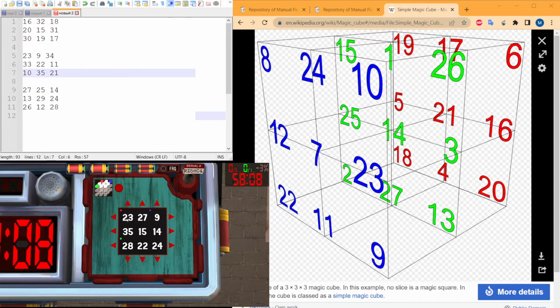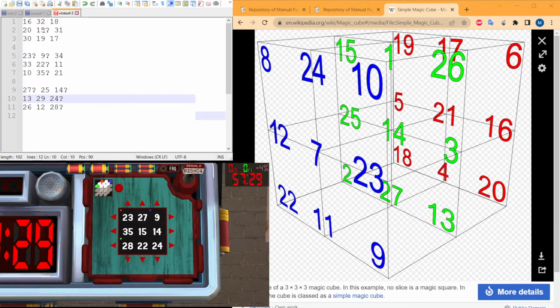Okay, top row, we have 23, 27, 9, 35, 15, 14, 28, 22, 24. Where is 24? Yeah.